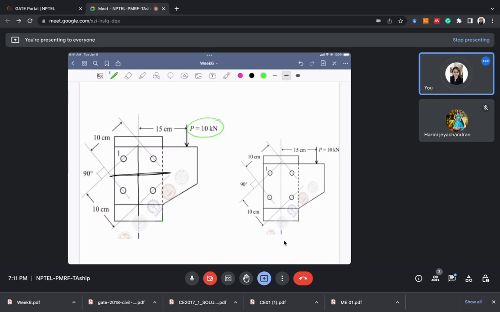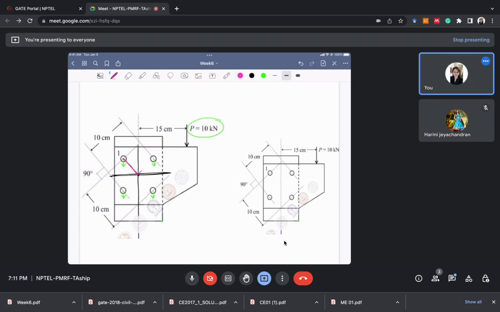One is in the downward direction in each bolt, and another is due to the moment, that is P times this E.